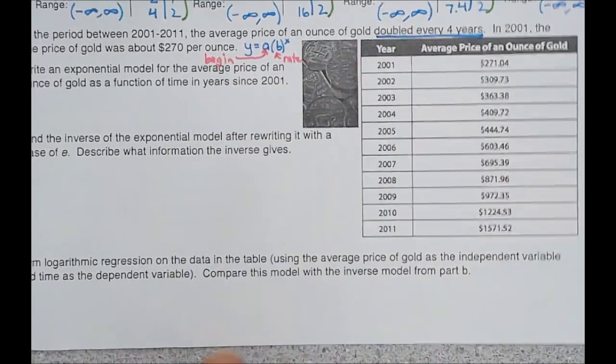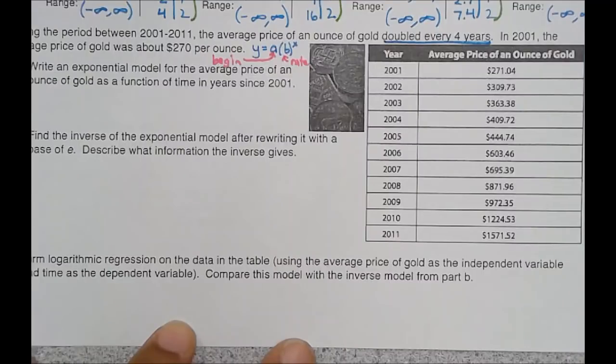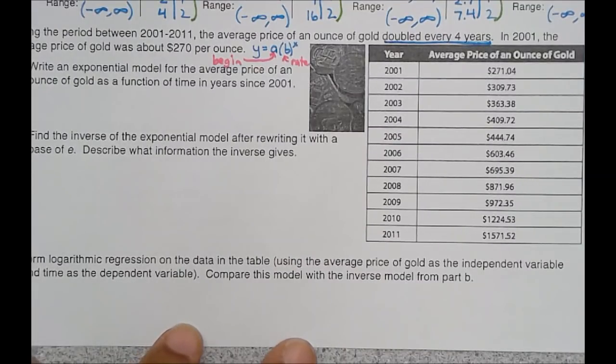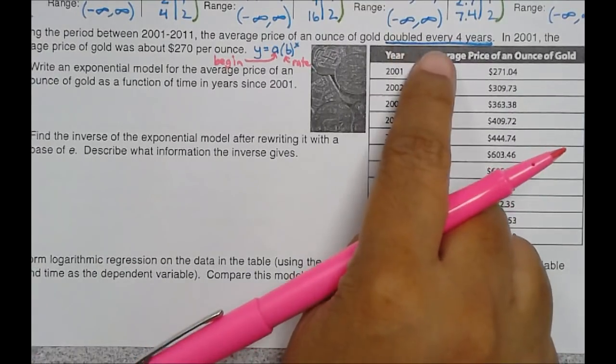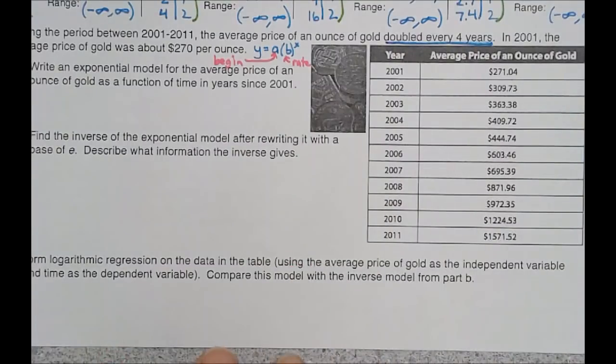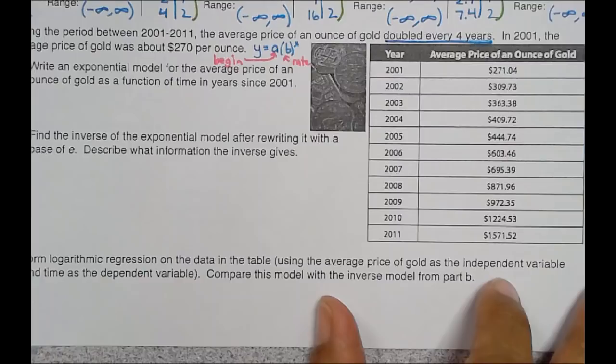Now, when we were using this equation, we had to do 1 plus r or 1 minus r, but once you simplified it, that is your b. Now, in this case, it didn't give us the rate in a percentage. They just said it doubled every 4 years.